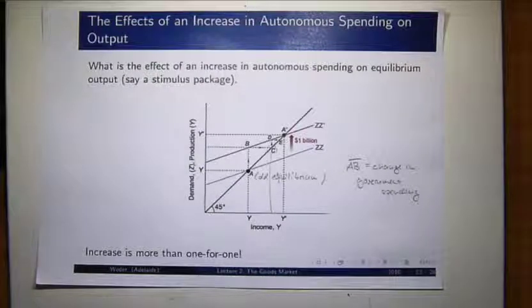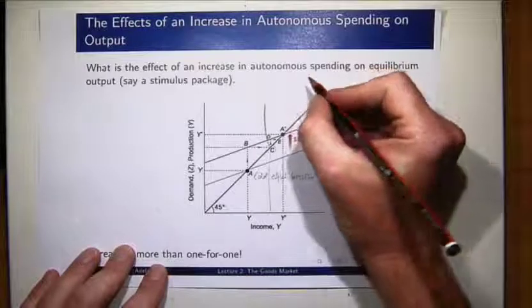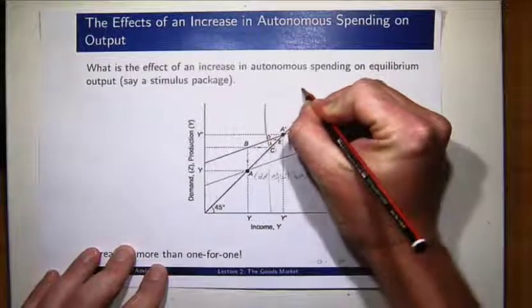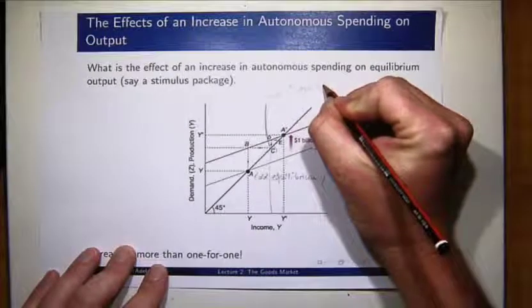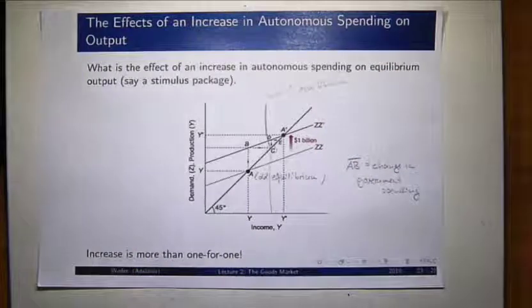However, if we compare point C, the next equilibrium, what is the situation in point C? Well, output will be higher. As I said, workers will have more income, so they will consume more.